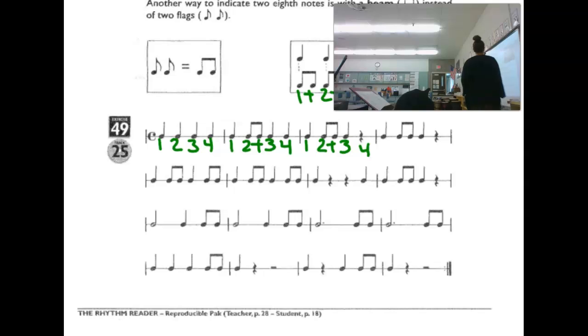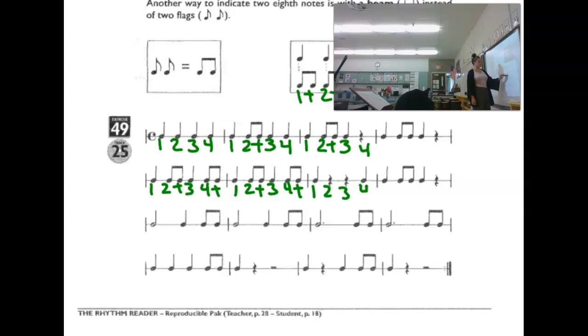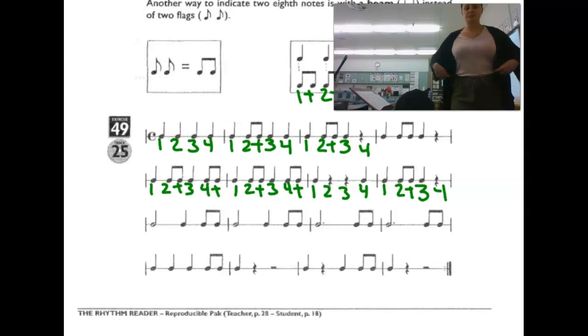Okay? Look at that second line. 1, 2, and 3, 4, and 1, 2, and 3, 4, and 1, 2, 3, 4. 1, 2, and 3, 4. Let's wrap those first two lines together.